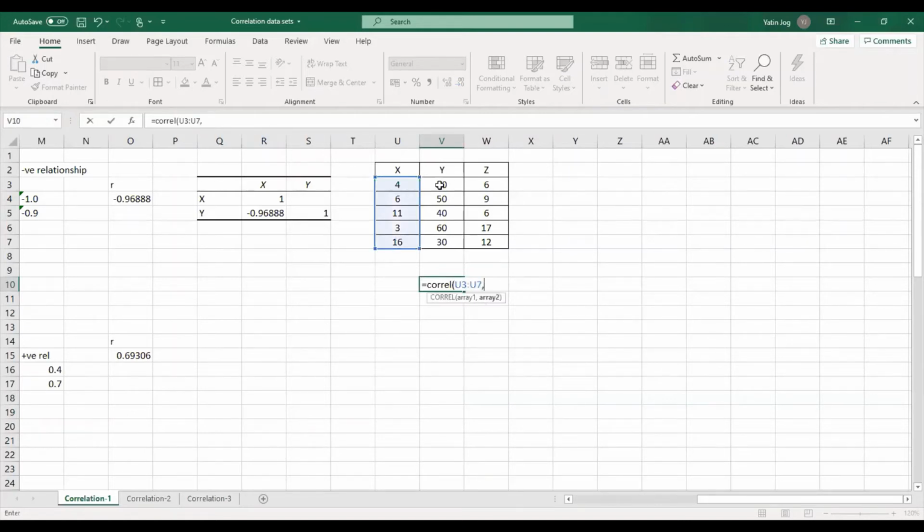First I want to find between X and Y, so I'll provide the arguments as values of X and values of Y. Then to find correlation between Y and Z, I'll give values of Y and values of Z as arguments. And then third time I have to use the correlation function to find the correlation between X and Z. So I'll provide the values of X and values of Z.